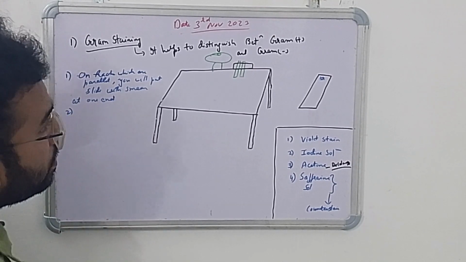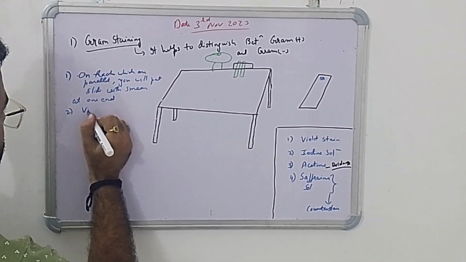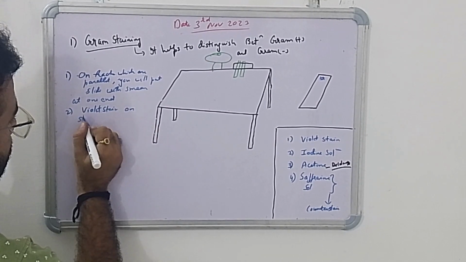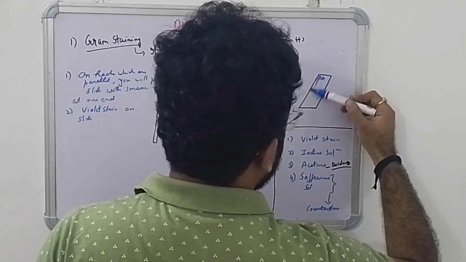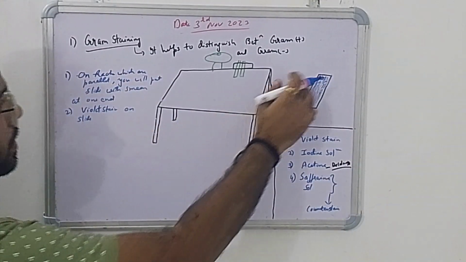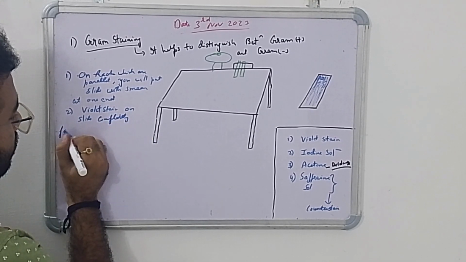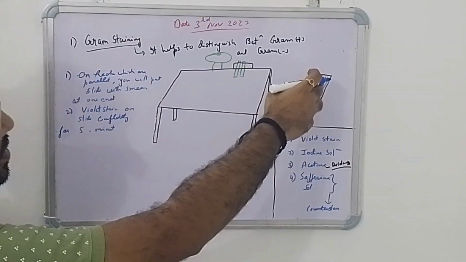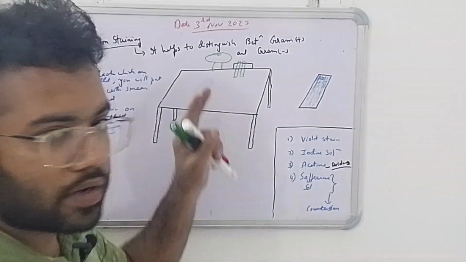Second point: now you will put the crystal violet stain on the slide and cover all of the smear, completely, for 5 minutes. After adding the crystal violet stain over the whole smear, keep the slide on the rack for 5 minutes.